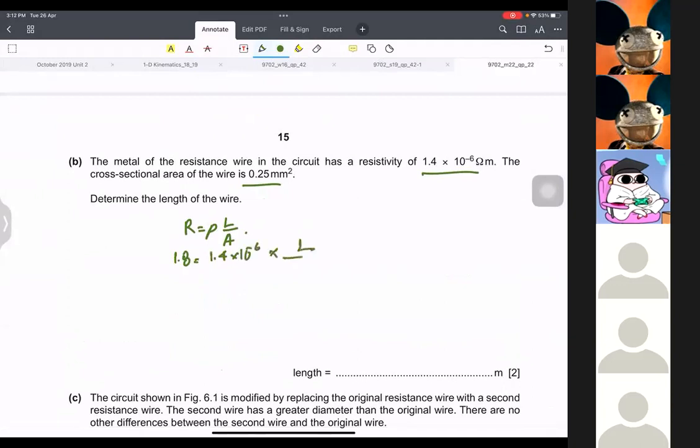We want to find length, and the cross-sectional area is this, 0.25. Now this is in millimeter square. That's a big issue because 1 millimeter is basically 10 raised to power minus 3 meters. If I want to find area, which is square, I have to square it. So 1 millimeter square is basically 10 raised to minus 6 meters square. I'm going to do 10 raised to minus 6. That's the only catch here.